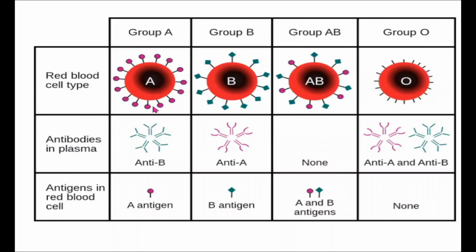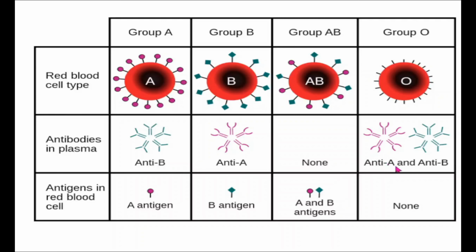Antibodies in plasma for group A is anti-B. That means they are different, so our body will make a chemical or protein which can fight against this kind. For B, it is anti-A. For AB, there is no antibody, because the two proteins are there, so the body will not treat them as foreign material, because they are already there.